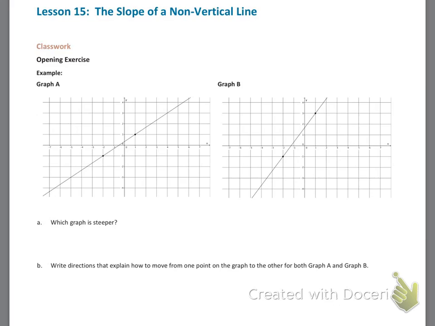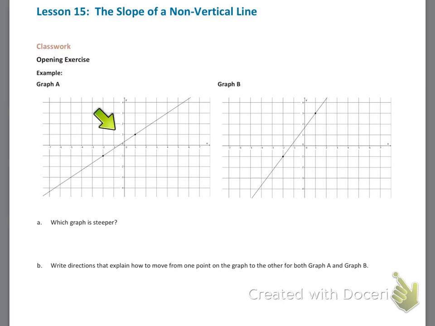Okay, so for this opening exercise, you have graph A and graph B, and I would ask you to look at those two lines and just make a conjecture, decide which graph is steeper. So question A says, which graph is steeper?